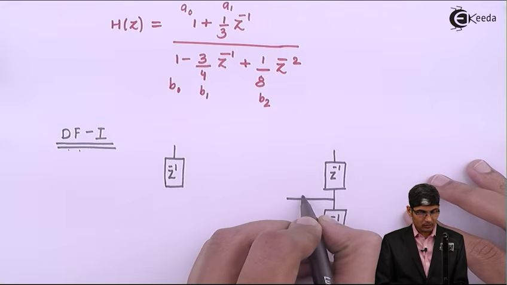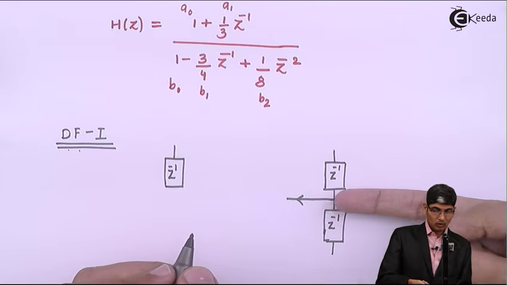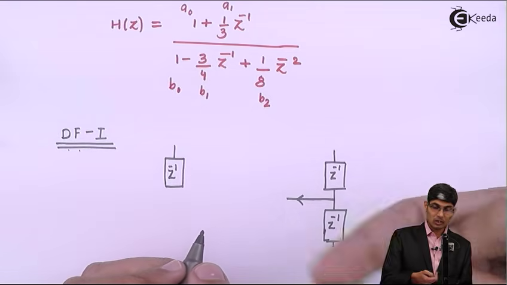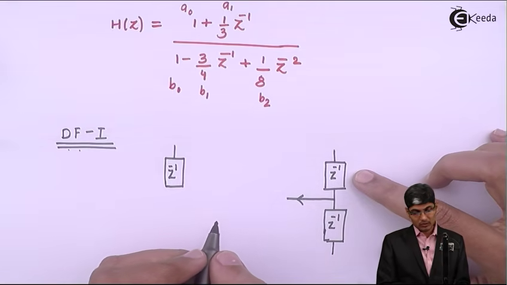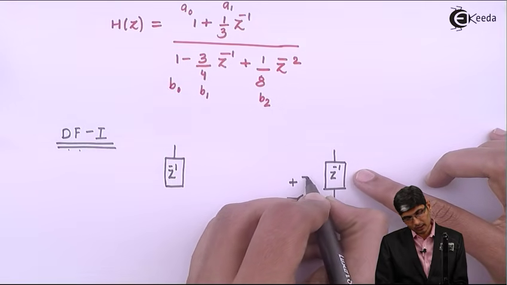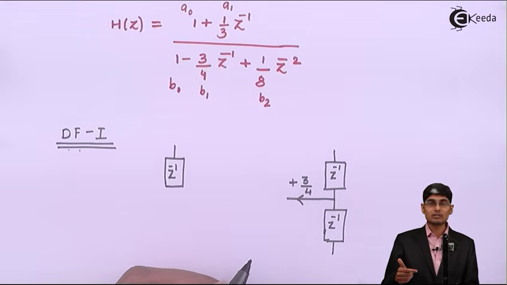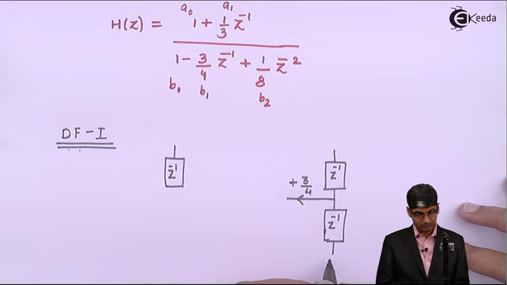Now associated with z raised to minus 1, we will go back. While going back, the denominator coefficients will always be fed back. With respect to z inverse, the term present is minus 3 by 4, so I will write plus 3 by 4. Whenever you go back, you have to reverse the sign of the coefficient.